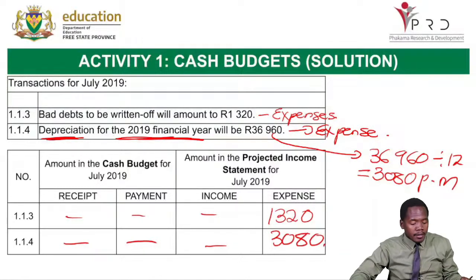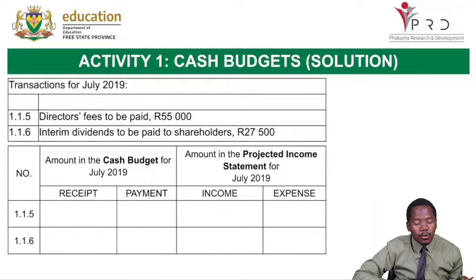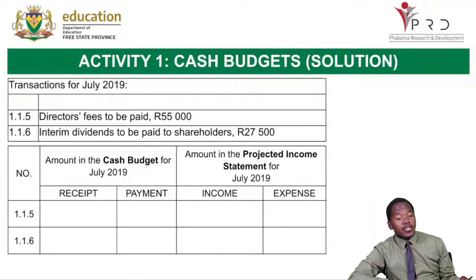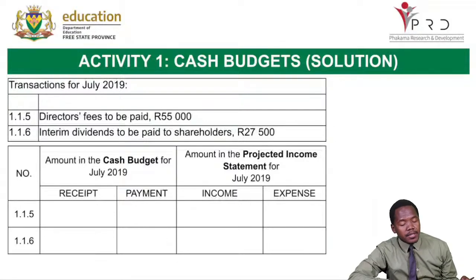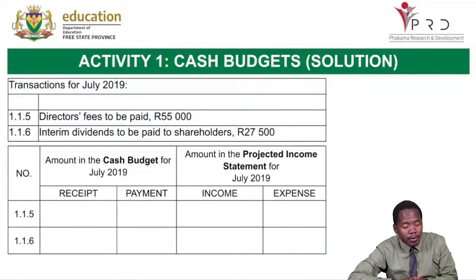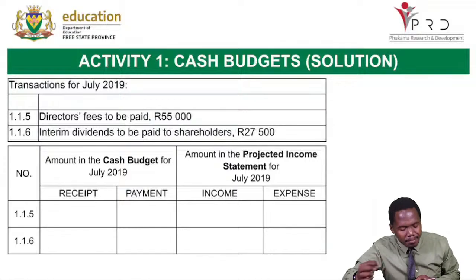Now let us move on. We are now doing the last two now. This will be the end of our first activity. Directors' fees to be paid, 55,000. So that is what must be paid in July. Now, directors' fees will be a payment, will also be an expense.